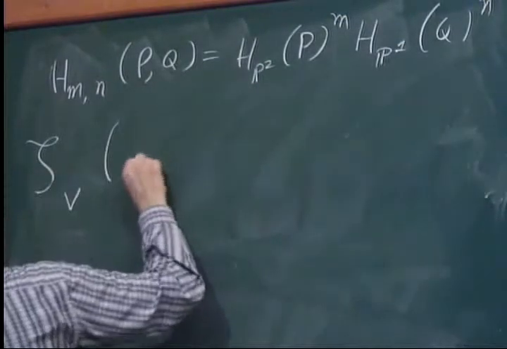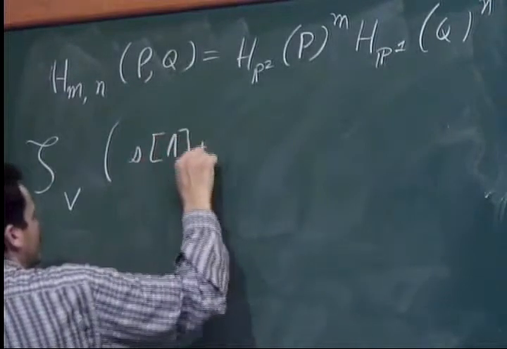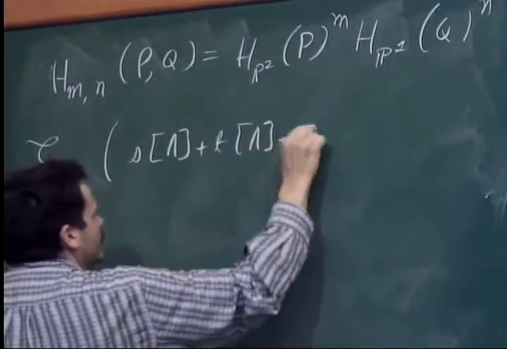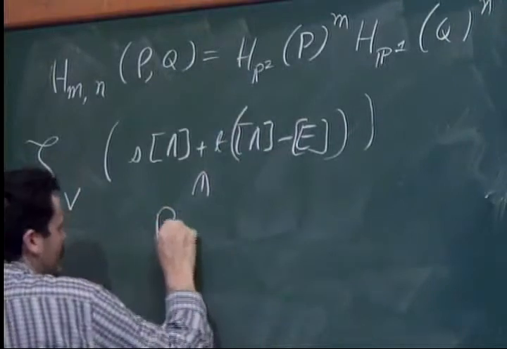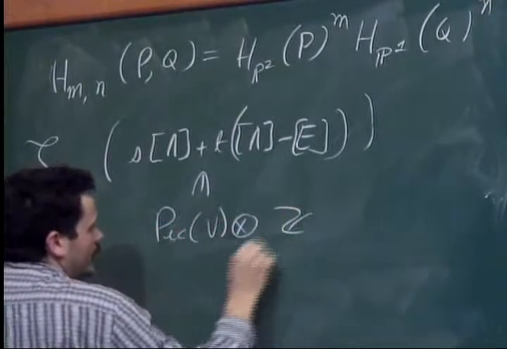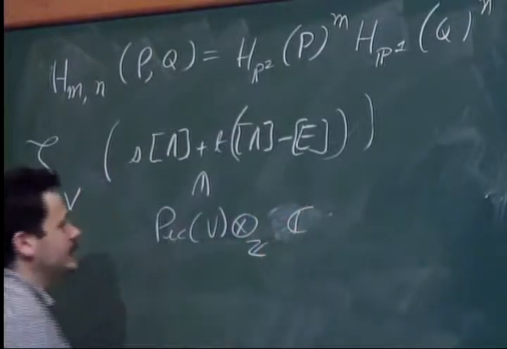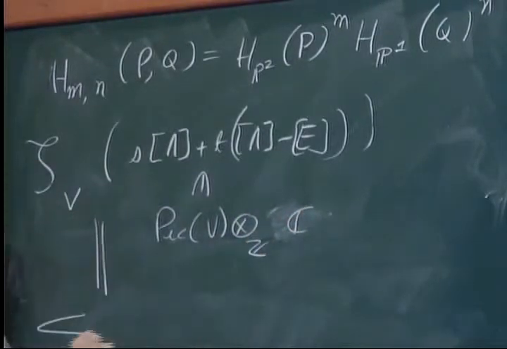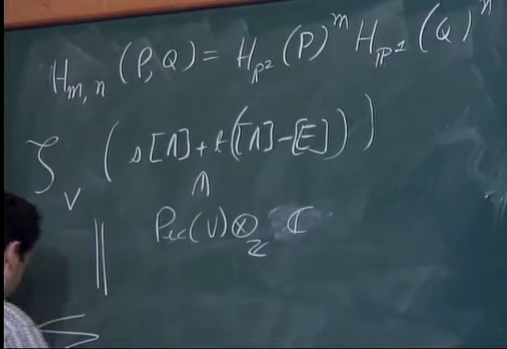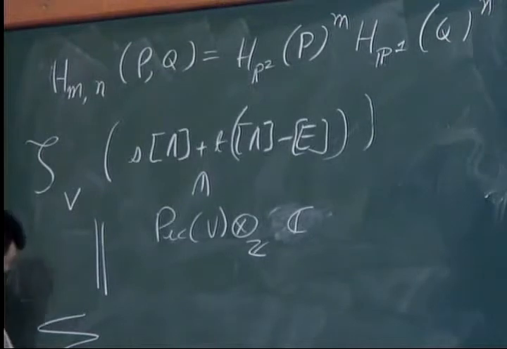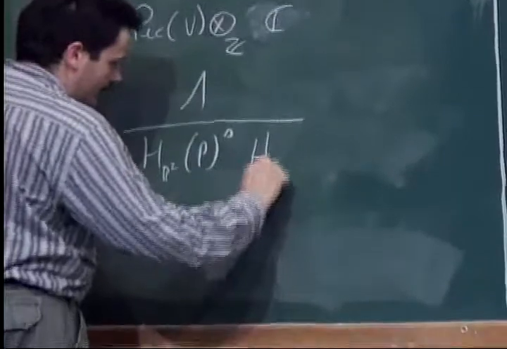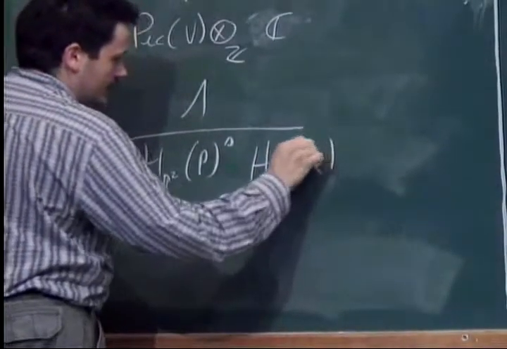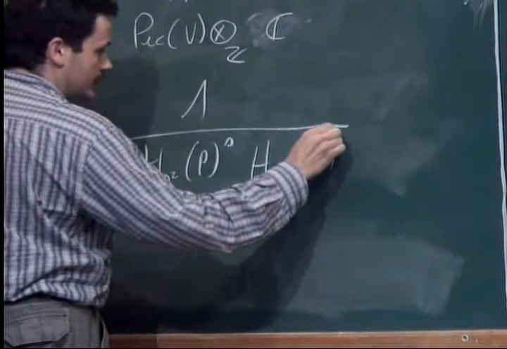So zeta of S times lambda plus T times lambda minus E. So I see this as belonging to some open subset of the Picard group tensorized over Z by C. This is the sum over all points P and Q belonging to V of Q of 1 over HP2 of P power S times HP1 of Q at the power T.